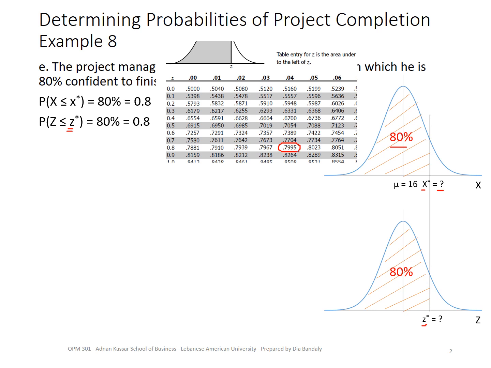The corresponding value for that is 0.8, but with another decimal, 4, so 0.84. So from the table, P of z less or equal than 0.84 is 0.7995, which is very close to my 0.8. So now I say that z star is 0.84.